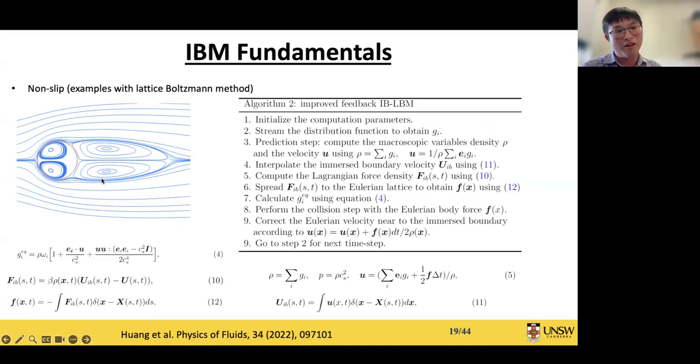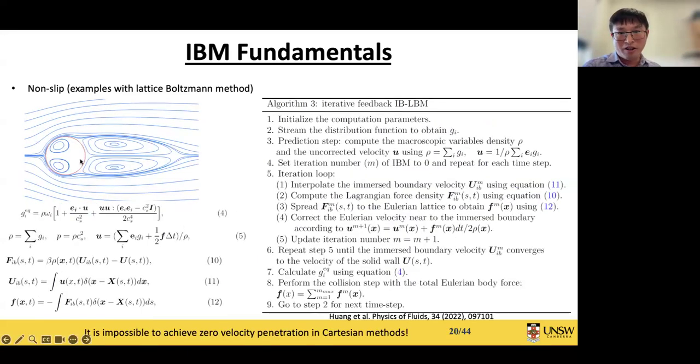I will skip the details. Another one is iterative feedback IBLBM, and it's even better. The advantage of this method is that we can use a lower feedback coefficient to achieve numerically stable simulations. That means it's more powerful.